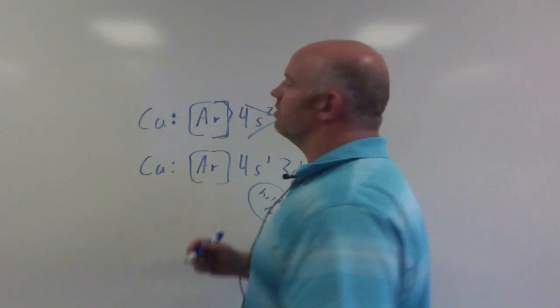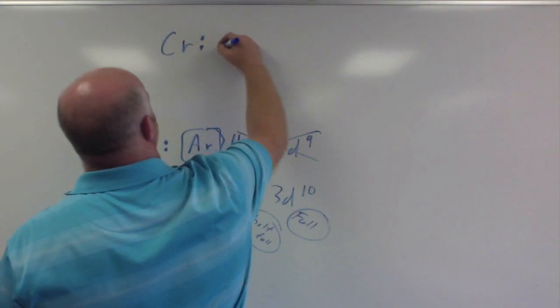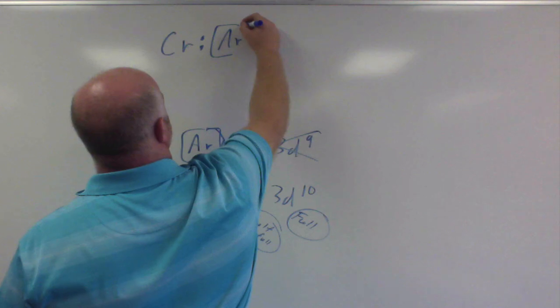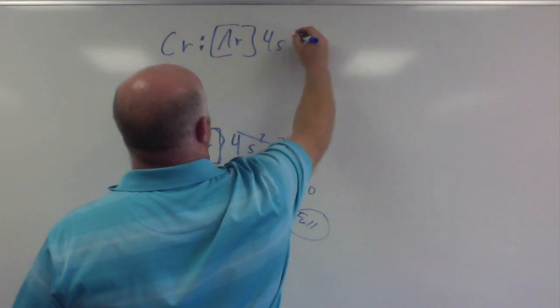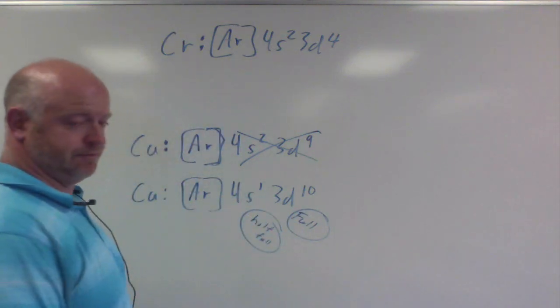Now the same thing happens with group 6. In group 6, if we do, let's say, chromium, chromium is just like argon again, and 4s2, 3d4 is what it would be.